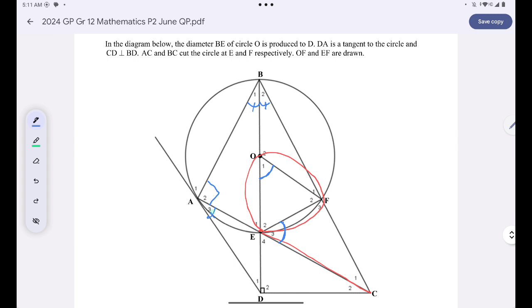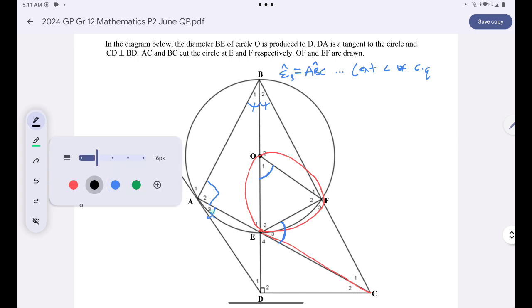I know that angle E3 is equal to angle ABC. This is because angle E3 is an exterior angle of cyclic quad ABFE.